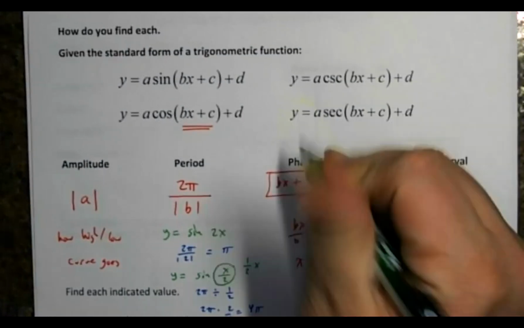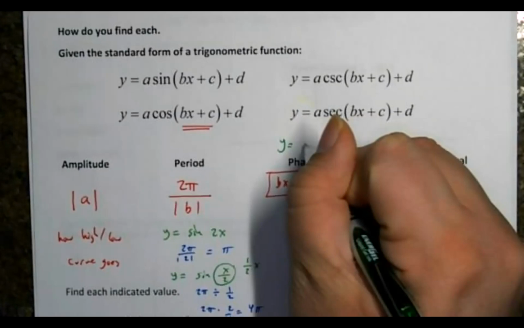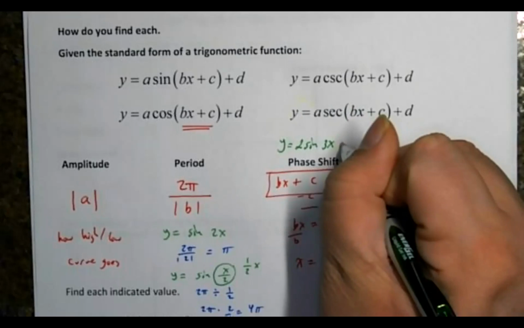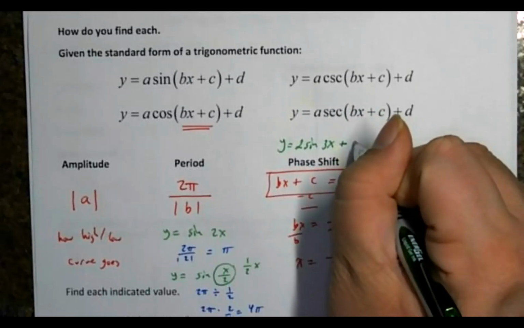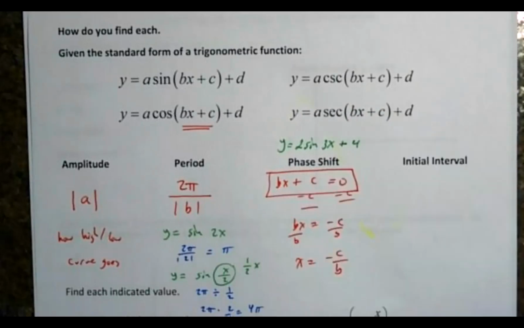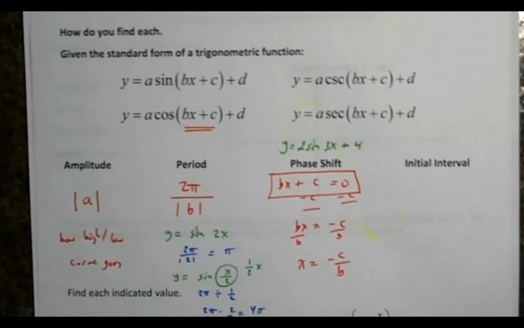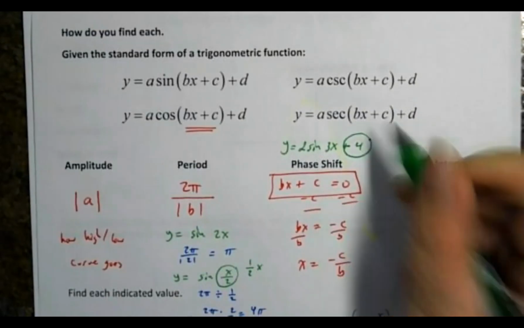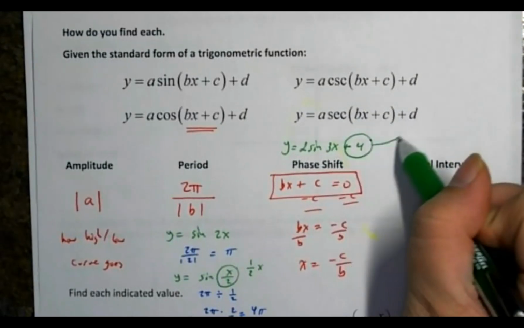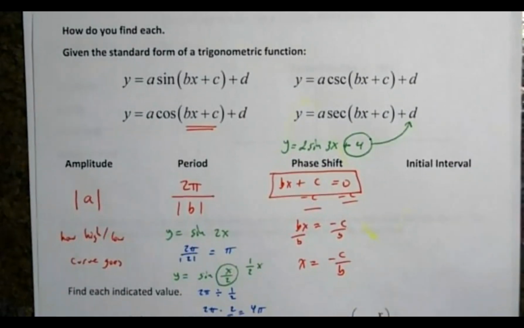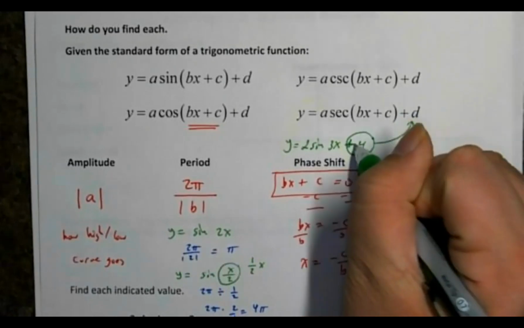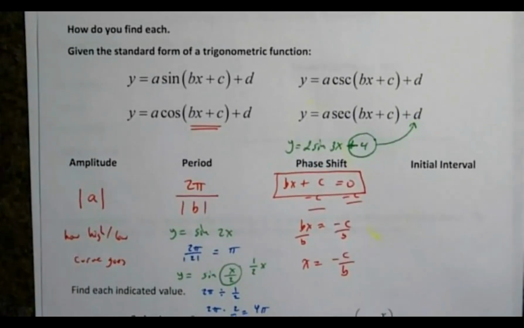If you're looking at y equals 2 times the sine of 3x plus 4, this 4 is not c. This 4 is a d value. So if there's no parentheses, they didn't forget it. It's not there for a reason. It doesn't belong there.